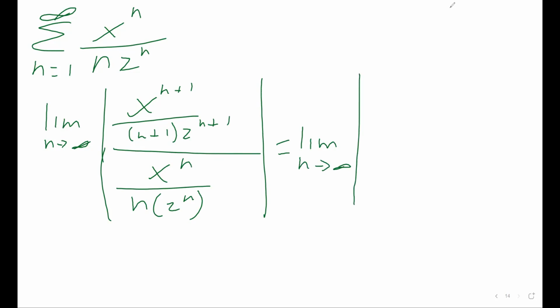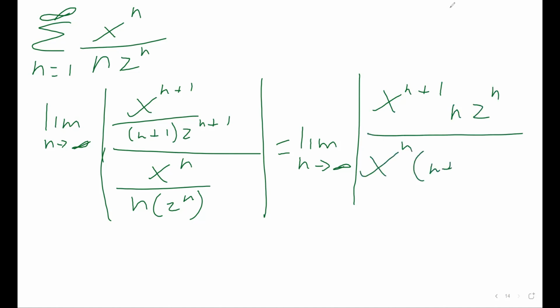So let's divide fractions. Now things will simplify. These will cancel with all those, one left on top. These will cancel with all of those, one left on the bottom.